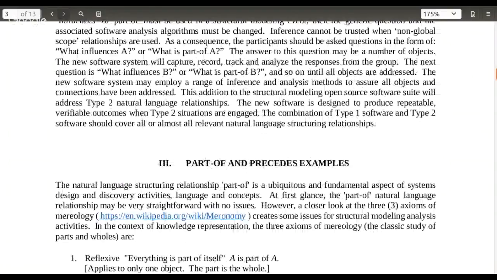And of course, the ones that are local are like what influences B and what is part of B. And part of, of course, is not global. Everything is not a part of everything. So there are some local relationships there, but there are some interesting aspects of how we actually look at this, and we'll talk about that in a bit.